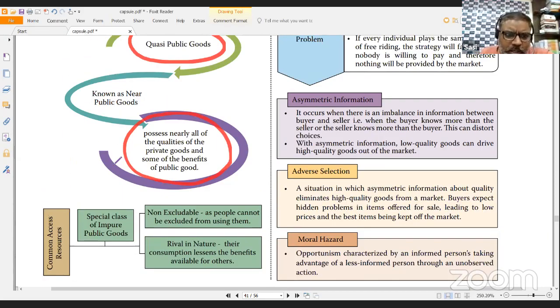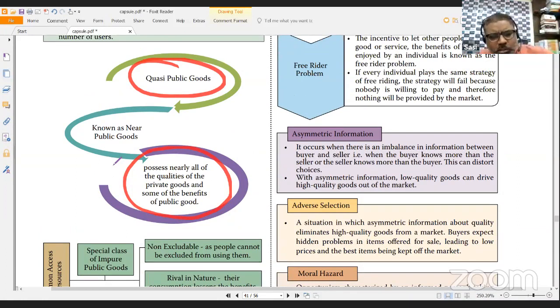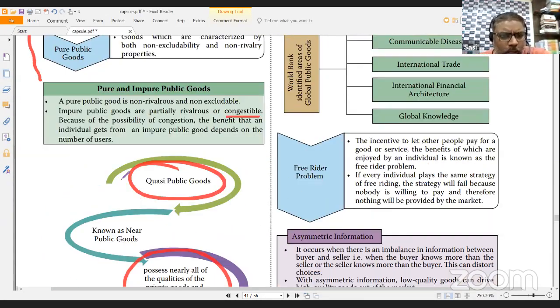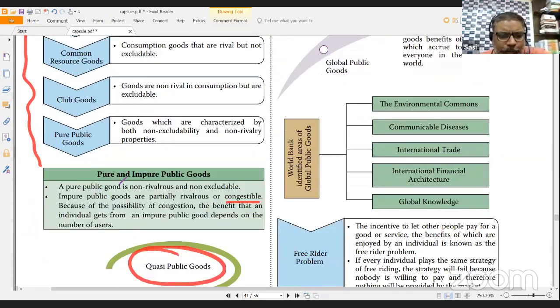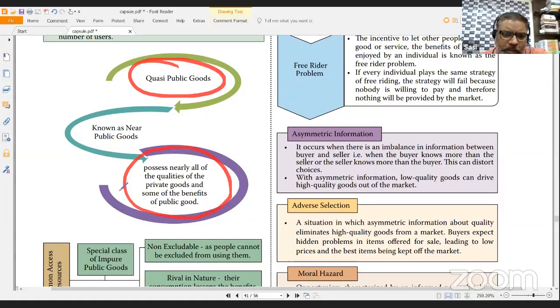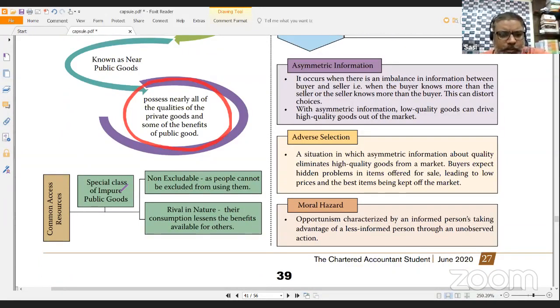Education is almost the best example; everybody should get the benefit of it, but unfortunately it has the qualities of a private good. Why? Because it is non-rivalrous but excludable. It has become an impure public good, a partly private, partly public good, a quasi-public good, whatever we can say. That is the nature of impure public goods.